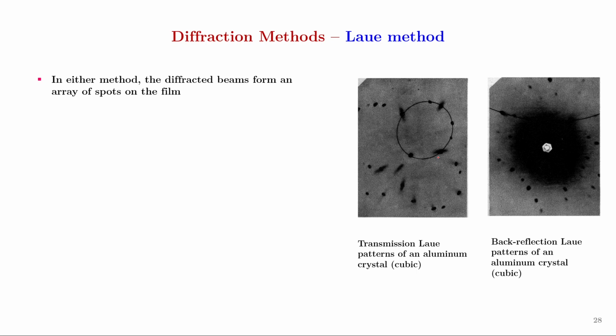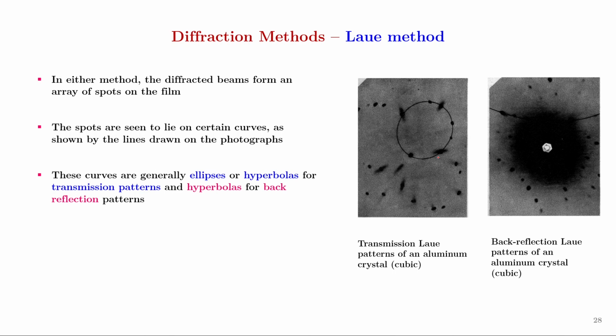In either method, the diffracted beams form an array of spots on the film. These spots are seen to lie on certain curves as shown by lines drawn on the photographs. These curves are generally ellipses or hyperbolas for transmission patterns and hyperbolas for back reflection patterns.